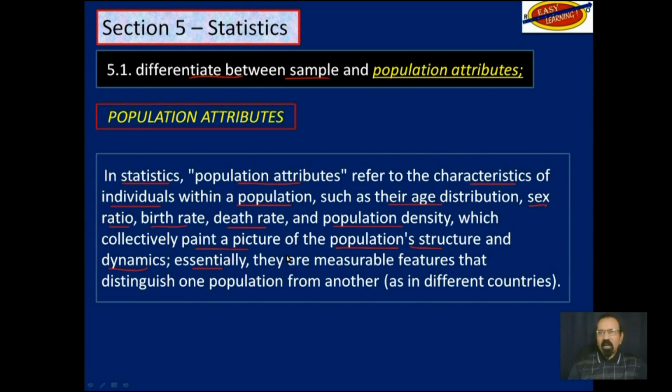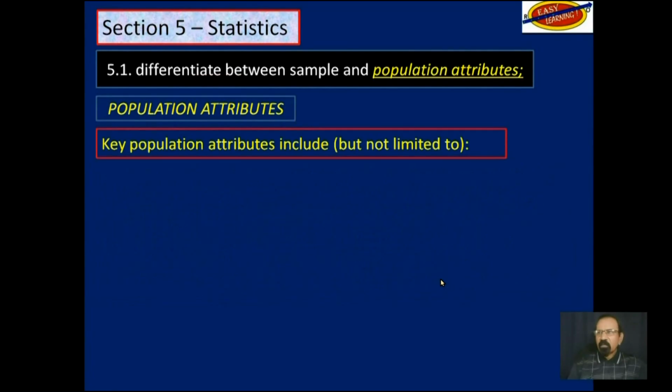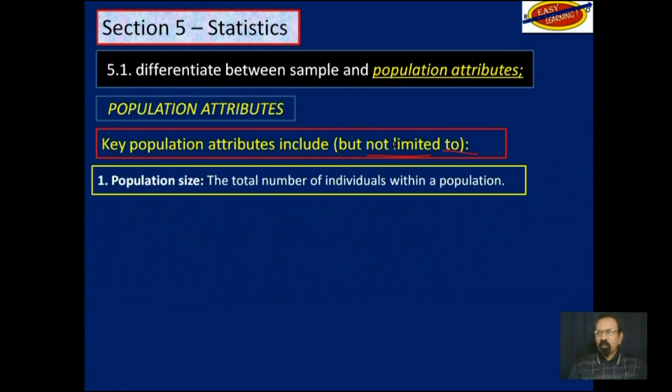Essentially, they are measurable features that distinguish one population from another, say the population in Barbados as opposed to the population in Guyana. So key population attributes include, but are not limited to, what we're looking at now.